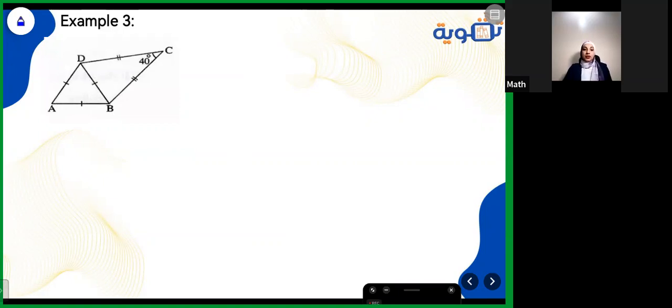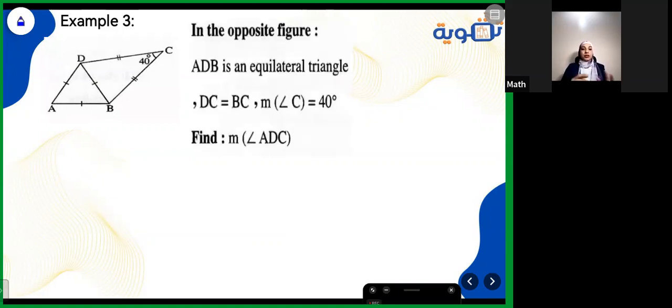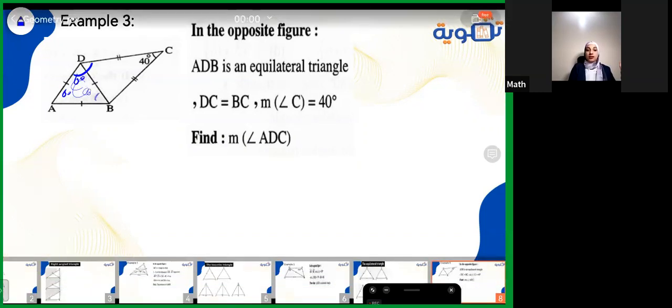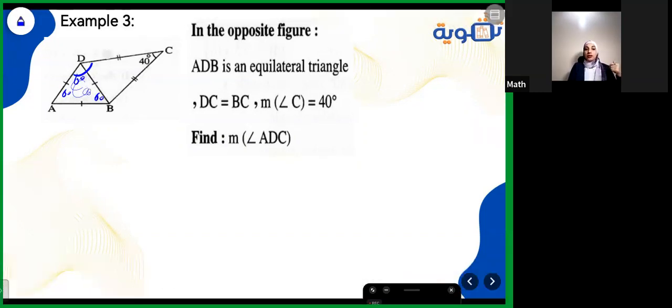We have here this figure, measure angle C is 40 degrees. It's an equilateral triangle ABD, DC equals BC. And we need to find measure angle ADC, all this angle here. It's easy, I think. We can talk about this triangle first. It's equilateral, so they are all 60, 60, 60. It's isosceles here.